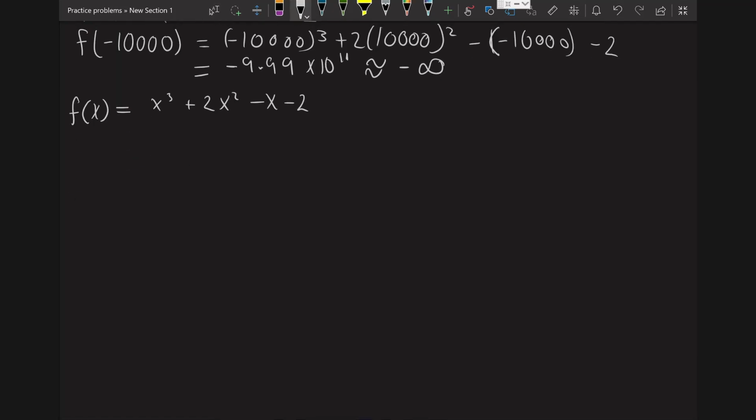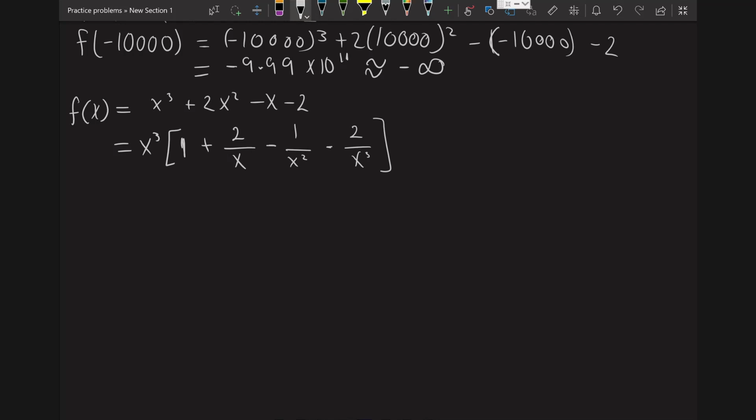If I were to factor out the largest degree here, so I would get x cubed, I would have 1 plus 2 over x minus 1 over x squared minus 2 over x cubed. And anything divided by infinity or negative infinity is going to be 0. Like 1 divided by 10,000 or 10 million, that's a very small number.